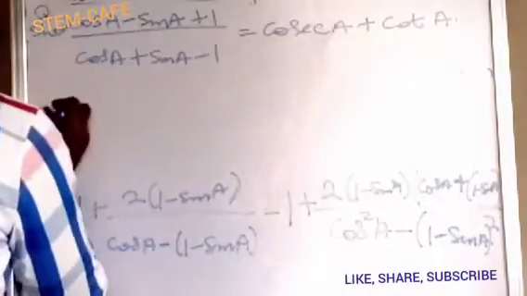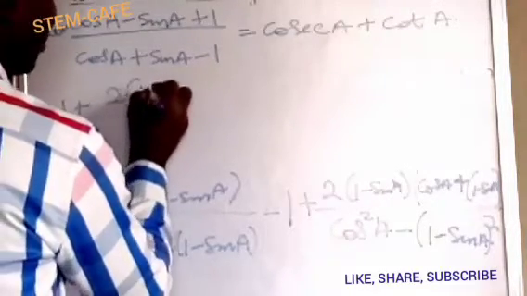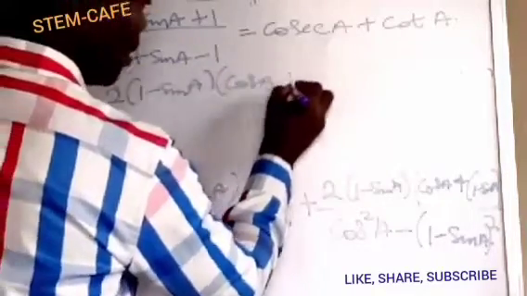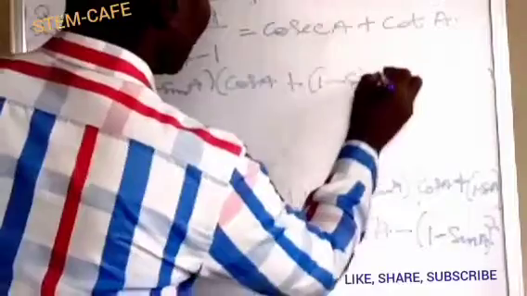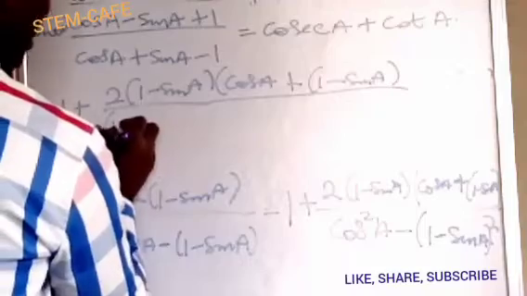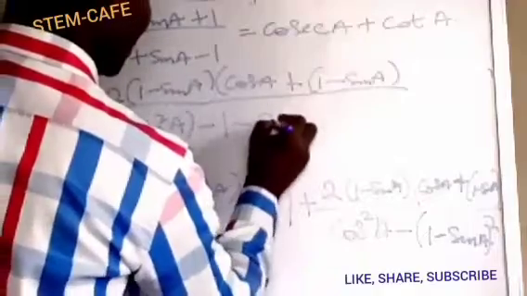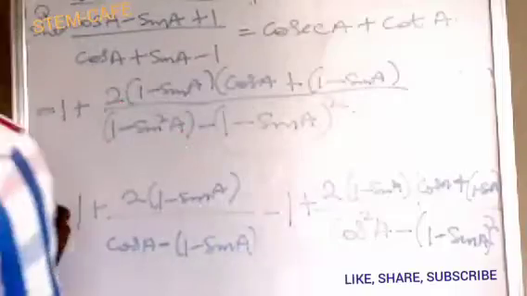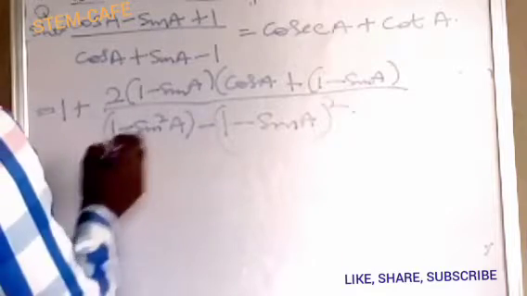Now, it's going to give us 1 plus 2 into (1 minus sin A) into (cos A plus 1 minus sin A) over 1 minus sin square A minus (1 minus sin A) all squared. On breaking this one down, it's going to give us (1 minus sin A) bracket (1 plus sin A).